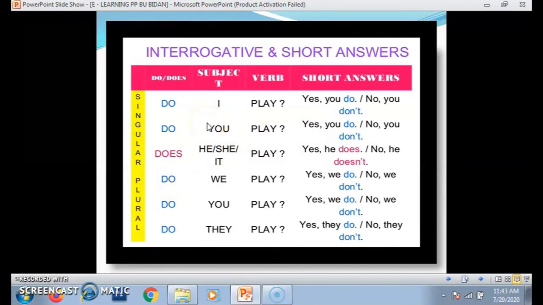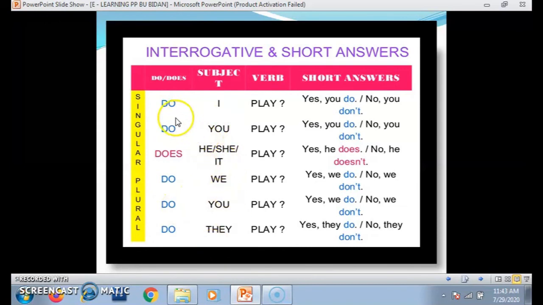What is the difference between interrogative and negative sentence when you use do and does as auxiliary verb? In negative, we put do and does after the subject. And in interrogative, you must put the auxiliary verb do and does before the subject.